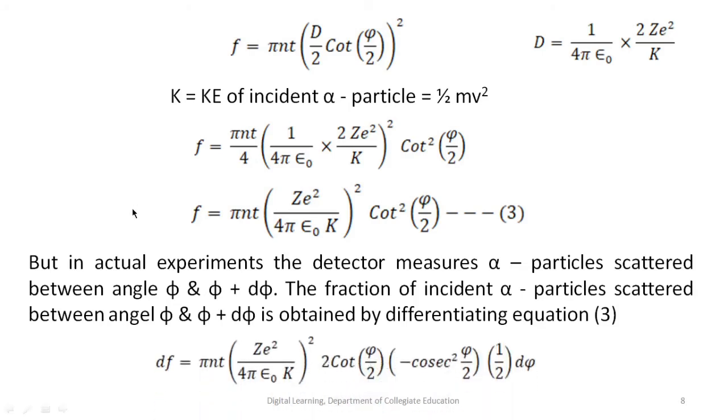Then differentiating this equation 3, we get dF is equal to pi N T into z e square divided by 4 pi epsilon naught k whole square.